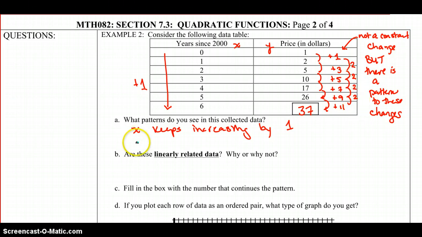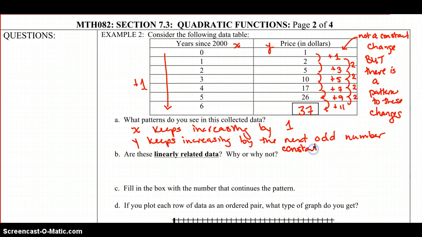So in here we could say, Y keeps increasing, in this case, by the next odd number. Or we could have noticed that there was a constant change in the changes. Okay, so again, we didn't have a constant change in Y, but as we looked at the changes in Y, those had a constant change.